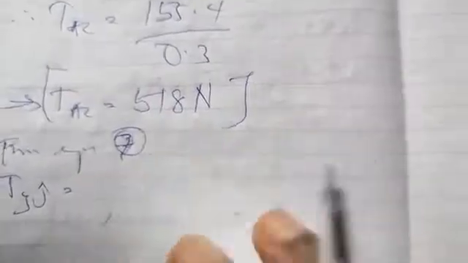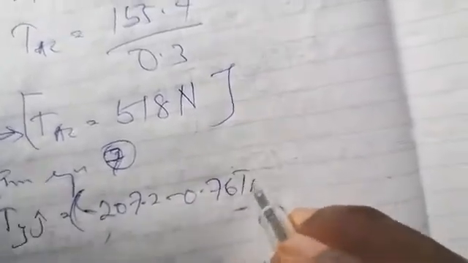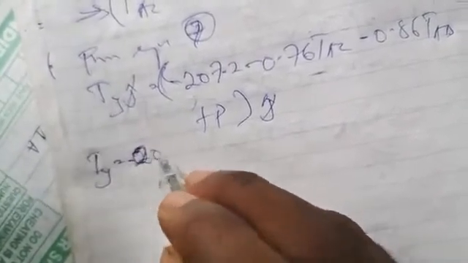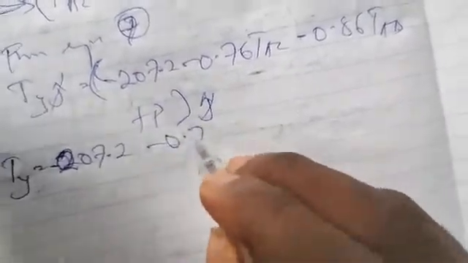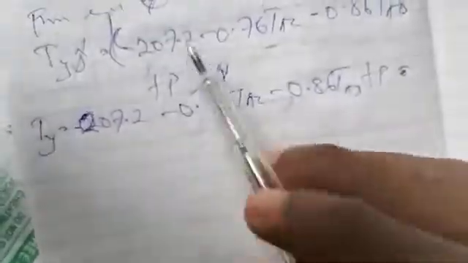All right, from equation 7, we have Tyj equal to minus 207.2 minus 0.76 TAC minus 0.86 TAD plus P, all into j. So j cancels j. We'll have Ty equal to minus 207.2 minus 0.76 TAC minus 0.86 TAD plus P. We know the value of TAC, 518.